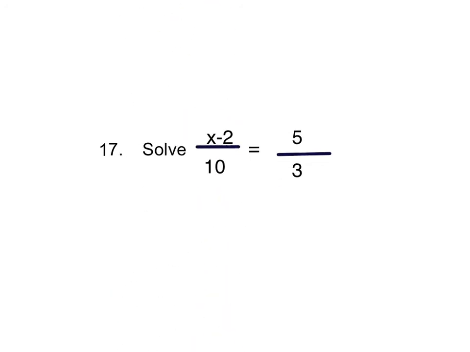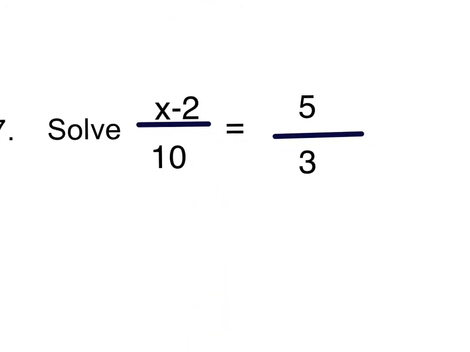Okay. More proportions. Cross multiply, remembering you're multiplying to the entire binomial: 3 times x minus 2 is equal to 50. A couple things you can do.